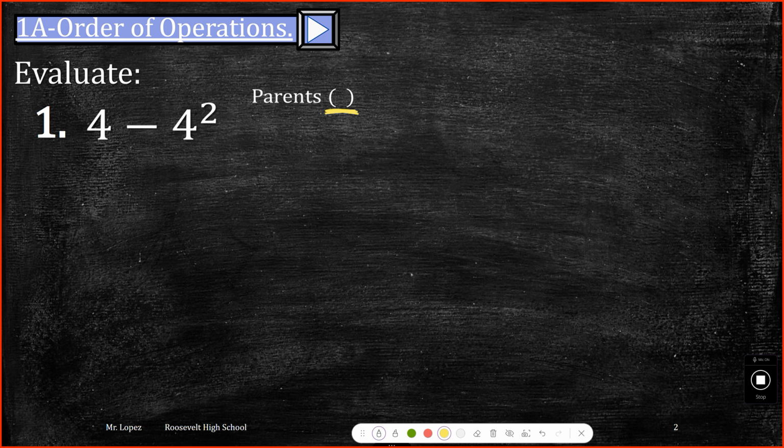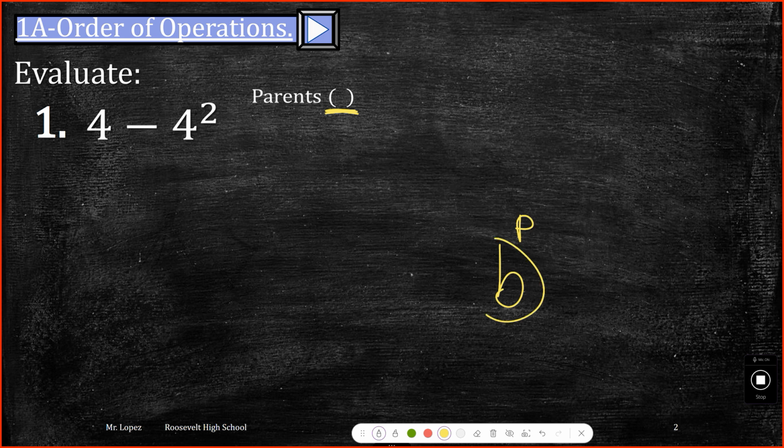The next one will be exponents. But to remember with my story is that these parents have power. And what I'm going to talk about with exponents is powers. When I say powers, you have a base and a power. So the number, the base, and the power.